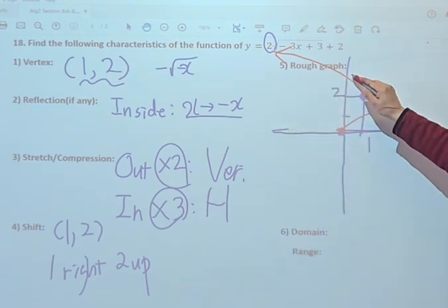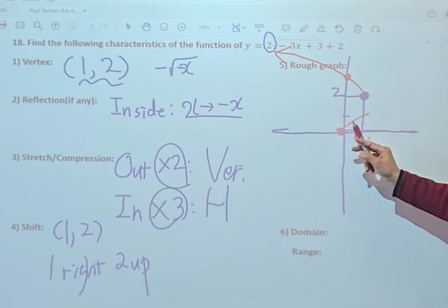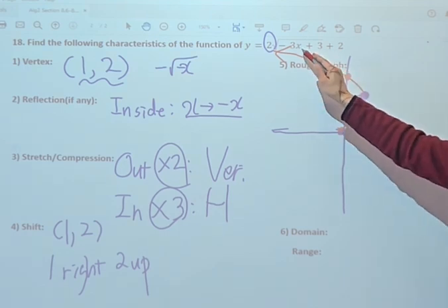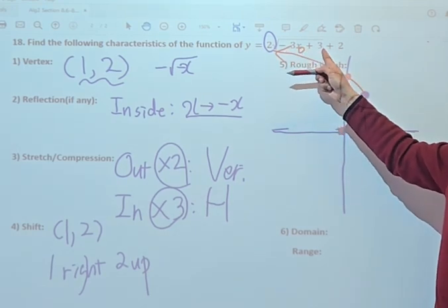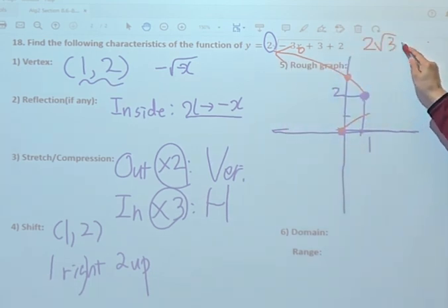But to make sure, let's find 1 more point. Plug in x value 0: this is 0, that's 3, so root 3, so 2 root 3 plus 2.